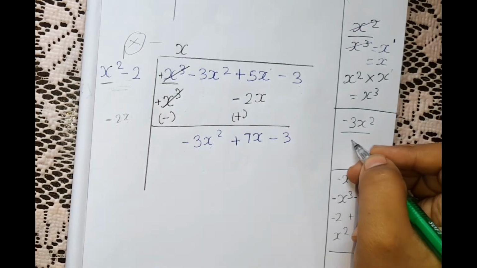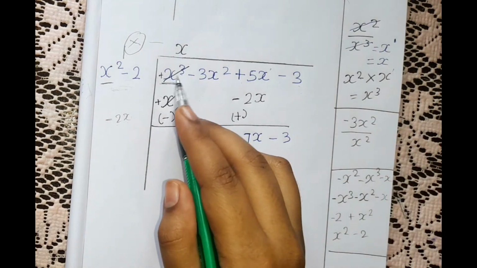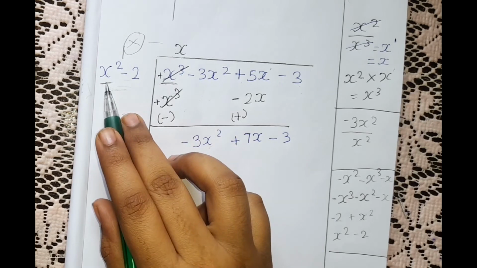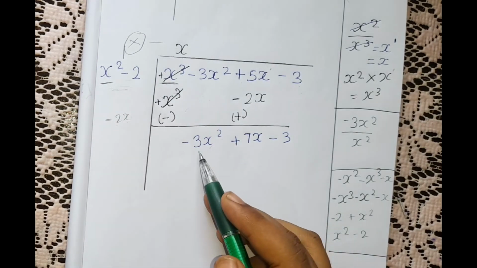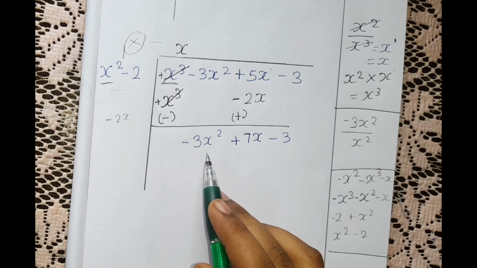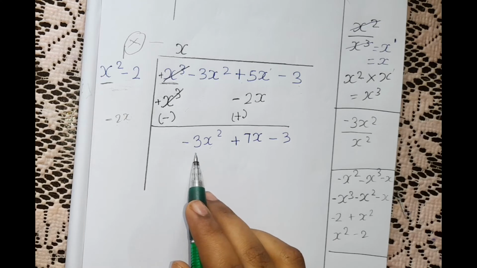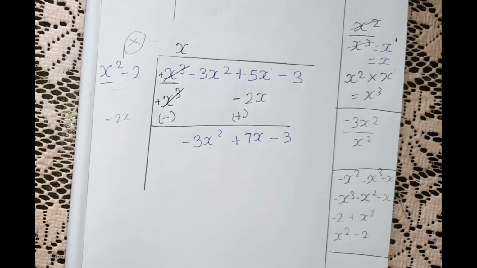In the previous time we did it like that. Here we took the first term, that is x cube divided by x square, and we got a value. Likewise here we are going to be taking minus 3x square because this is the first term, and then dividing with x square.